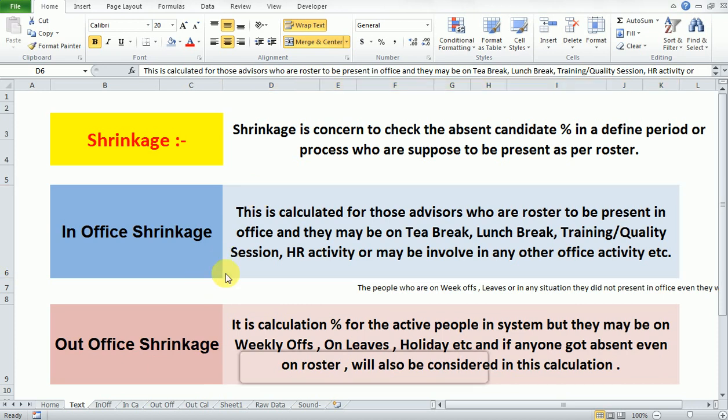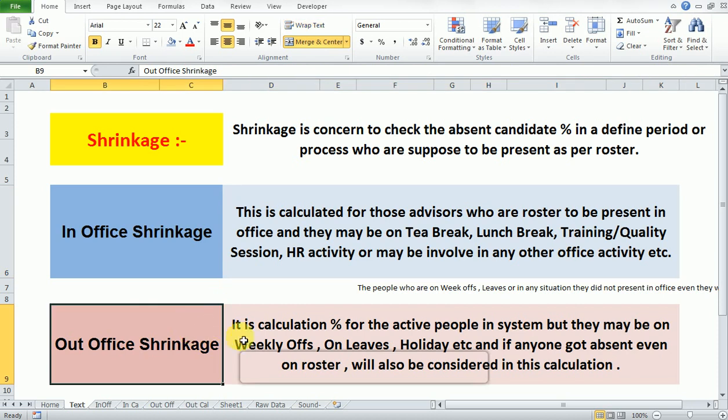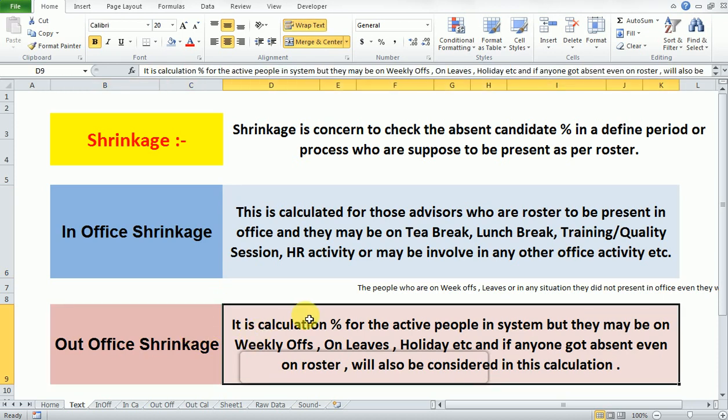Like this, we have out of office shrinkage. It is a calculation percent for the active people in the system, but they may be on week off, leave, holidays, etc. And if anyone is absent even though rostered, they will also be considered in this calculation.